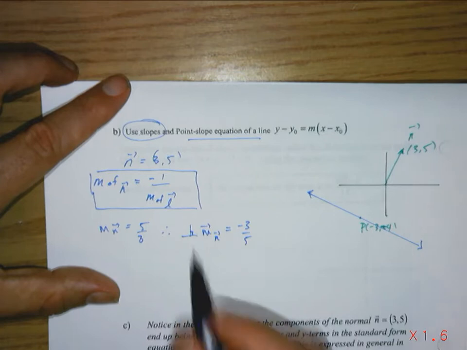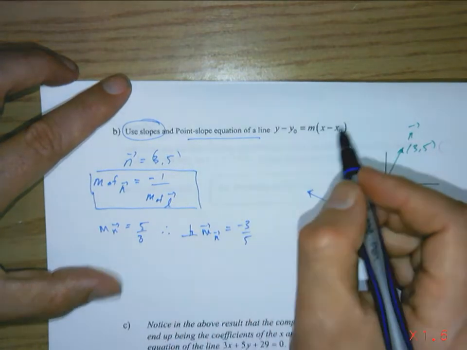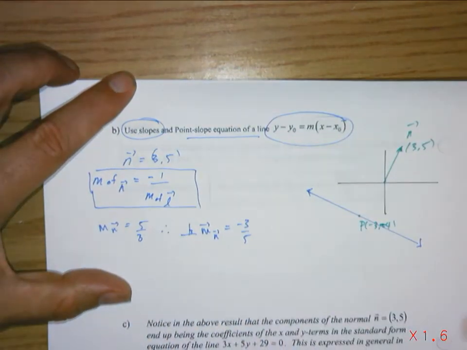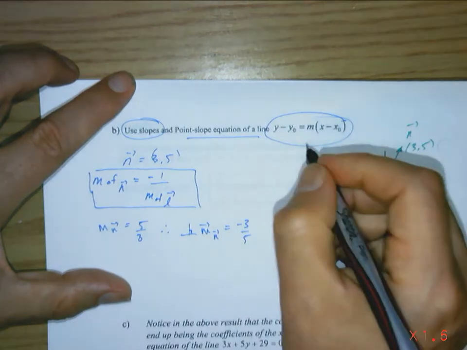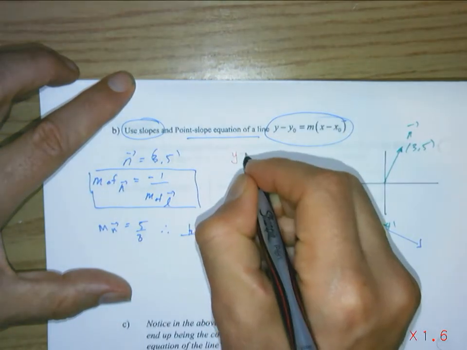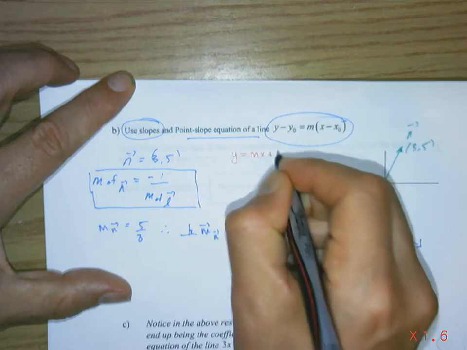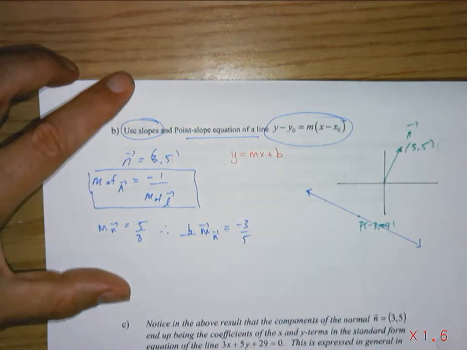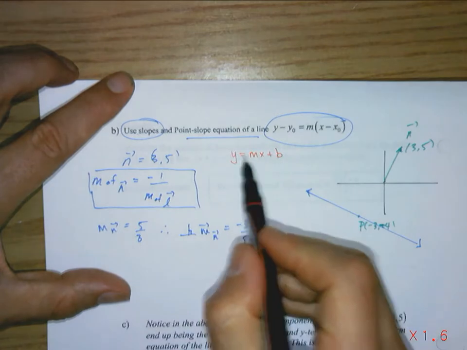So then, if we use the point slope equation of the line, now this is new to you. You guys haven't seen this, I don't think. This is very similar to y equals mx plus b. The only difference is we rearranged it.